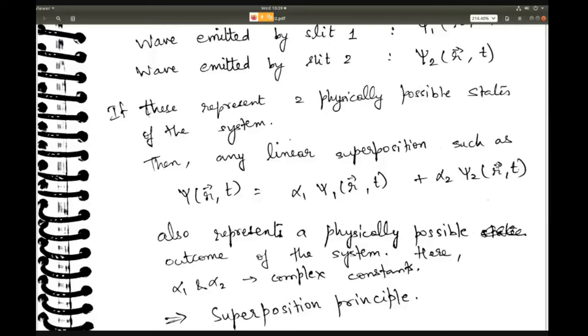Linearly means this is just psi 1 to the power 1, not psi 1 squared or exponential of psi 1 or something. This is just psi 1 plus some constant times psi 2. That is what we mean by linear combination. So the total wave function psi is a linear combination of psi 1 and psi 2. This is the principle of superposition.